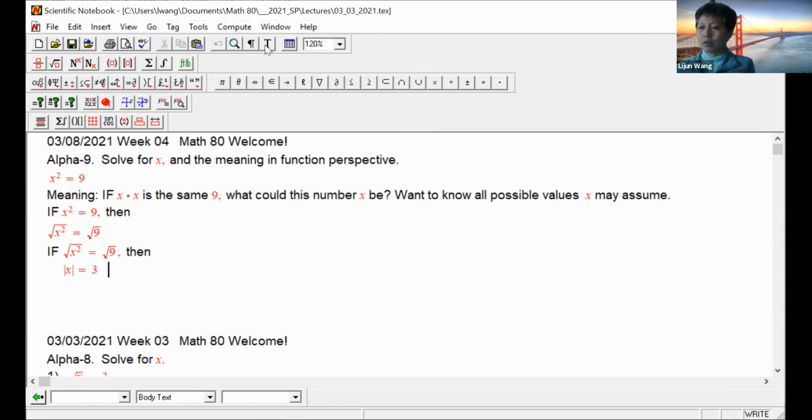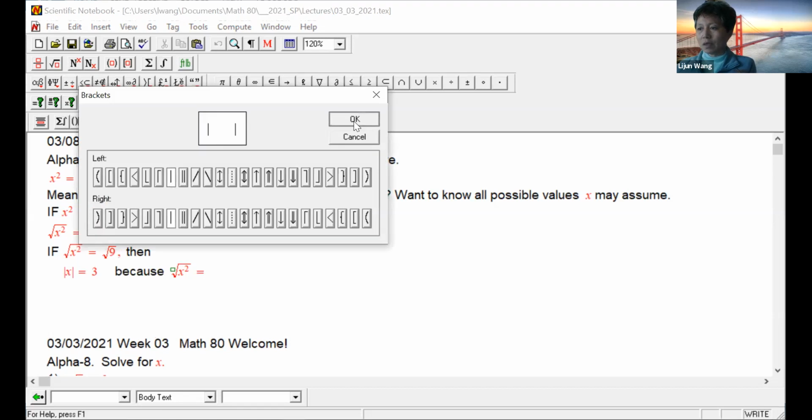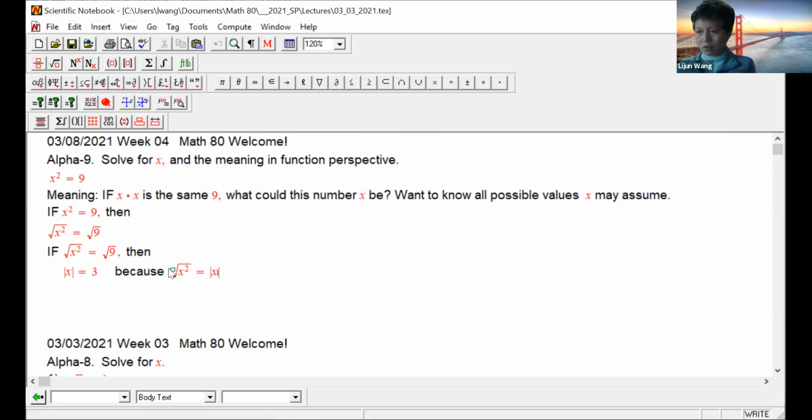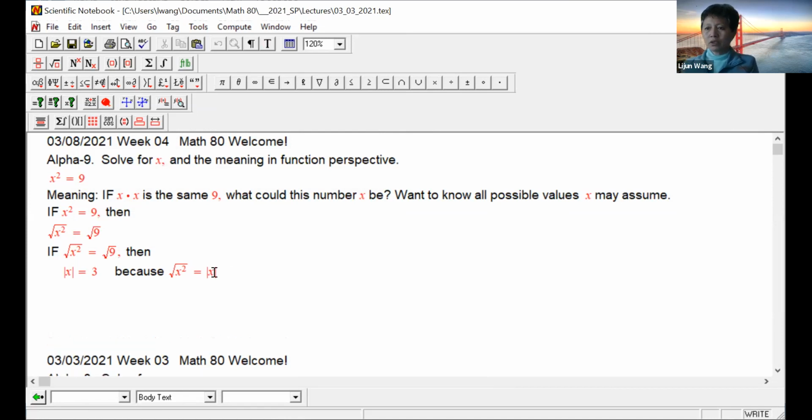And here we quoted because the square root of x squared is equal to the absolute value of x. We use this truth. This is a true statement. So if this is true, then that.